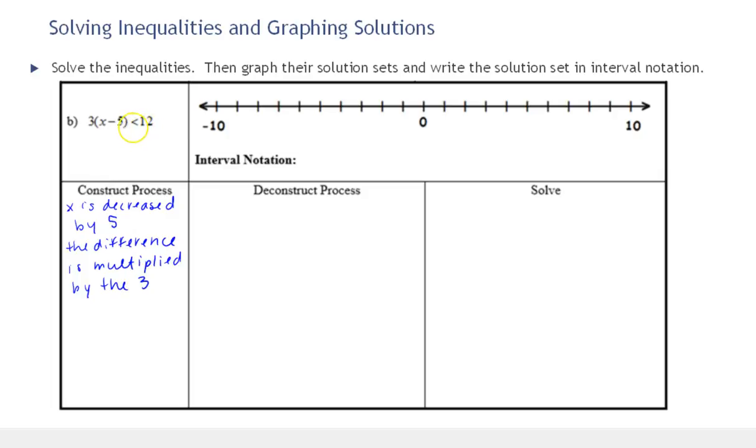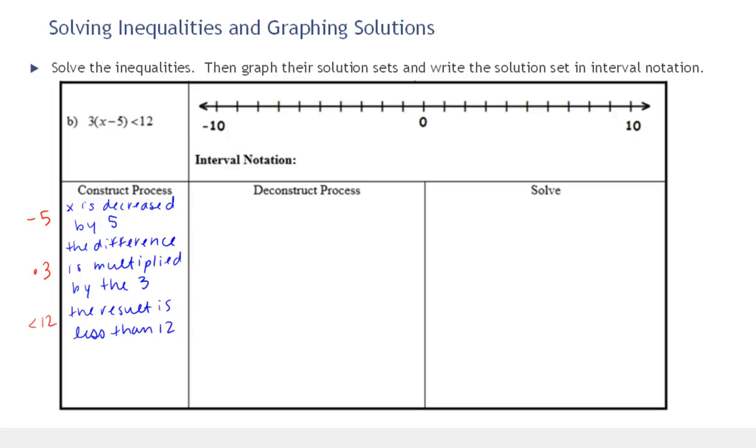And the result is less than 12. And now let's just put some notes on the side. So we have x is decreased by 5, the difference is multiplied by 3, and the result is less than 12. So now let's deconstruct this.